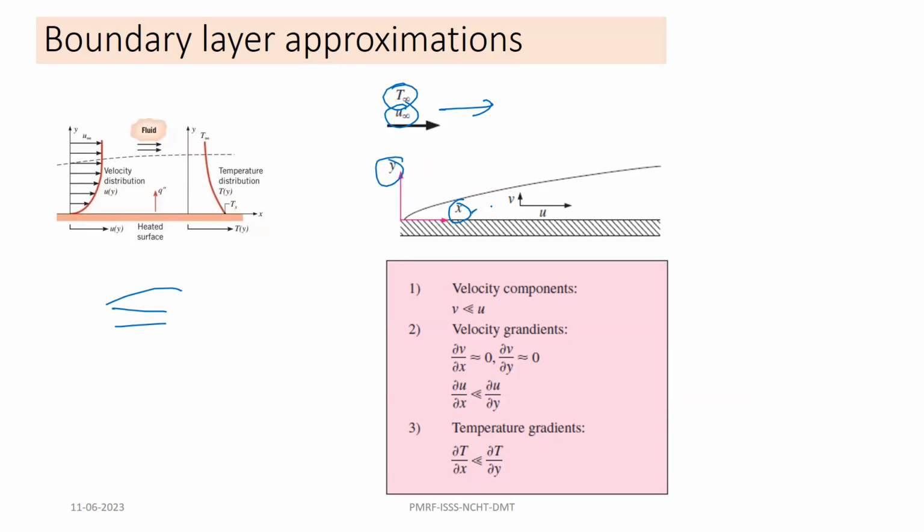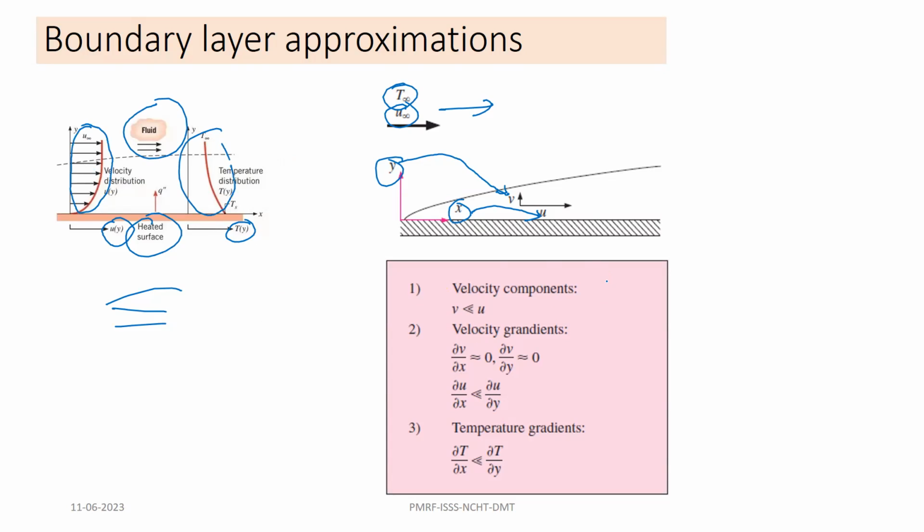The velocity in the X direction is denoted by U and the velocity in the Y direction is denoted by V. There is a heated surface also. U is a function of Y and T is a function of Y here. So fluid is flowing like that, and you can see the shape of the velocity distribution profile and the temperature distribution profile.